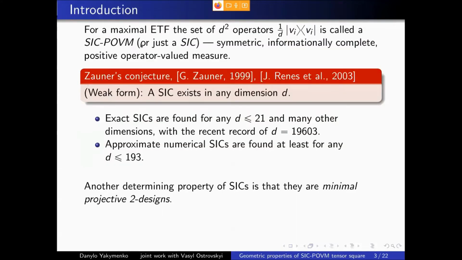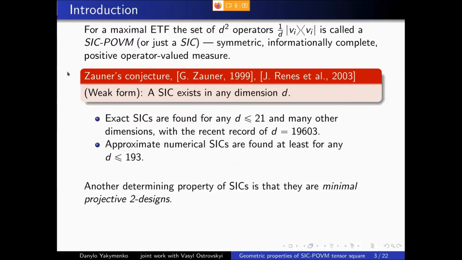And another name for those maximal ETF is SIC-POVM, or just SIC, right? So this is a symmetric informationally complete positive operator measure. It is so because those operators form, their sum is just an identity, right? They form a measure.